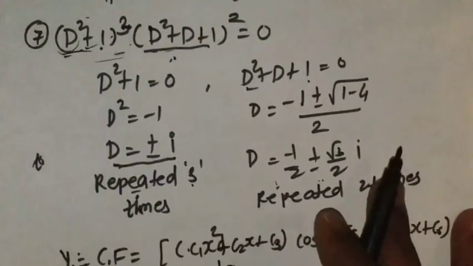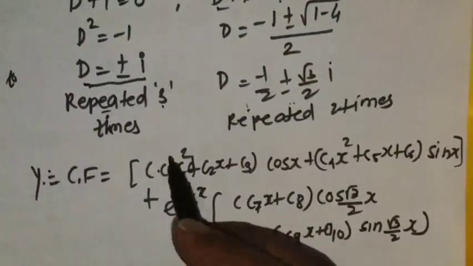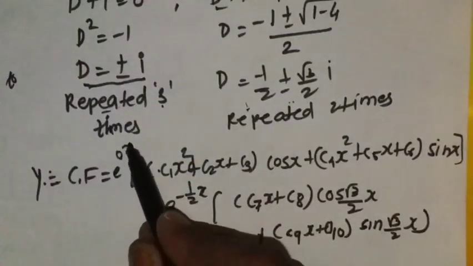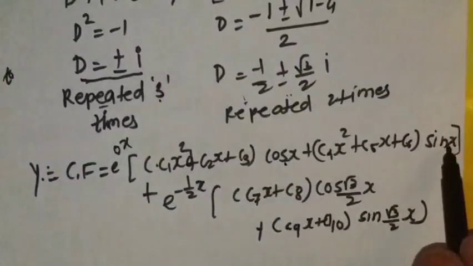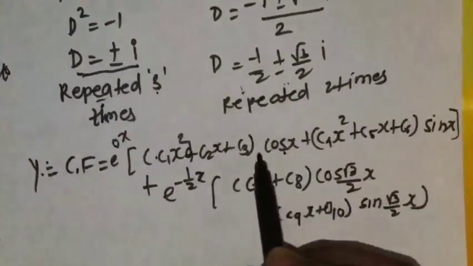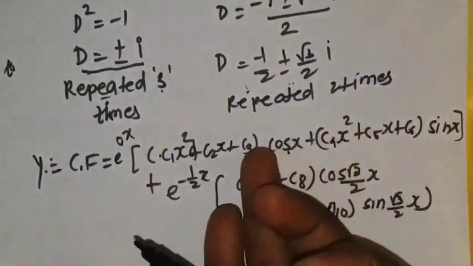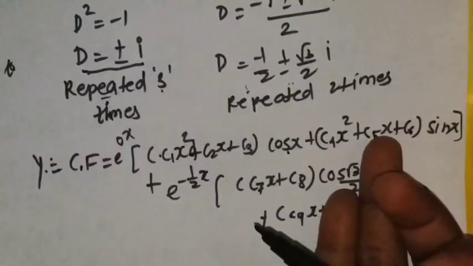Now let us see how I have written the solution. Final solution, complementary function, will have total 6 roots for this pair, and e raised to 0x we have here, which is 1. Beta is 1, so cos x sin x I have written, and total 6 constants distributed as 3 constants in the coefficient of cos, and 3 in the coefficient of sin.